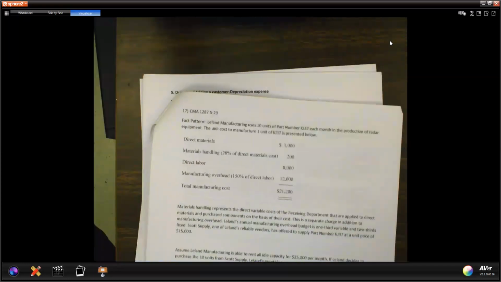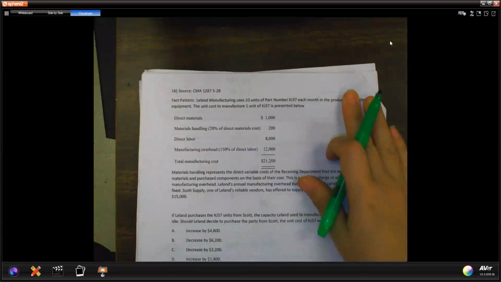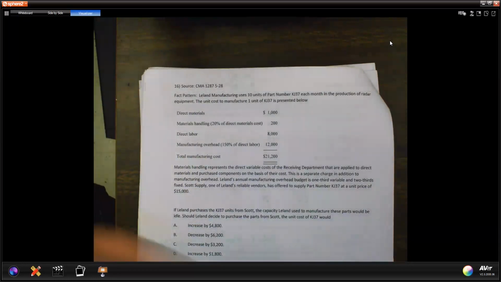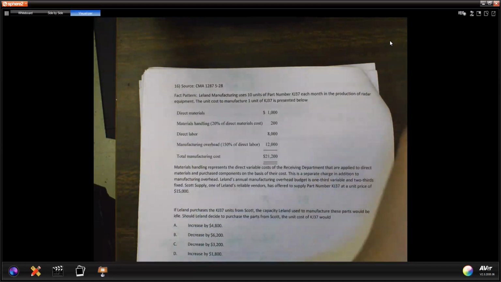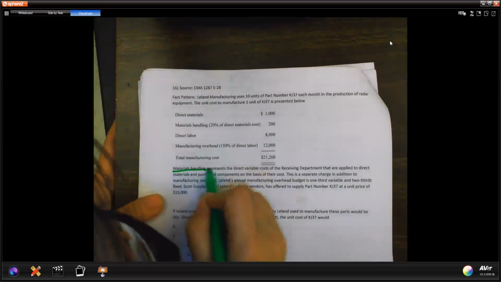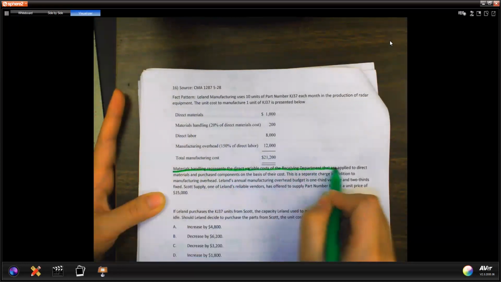Next one, question 16 and question 17. Those two questions are harder, so let me do them with you. It said you use 10 units and the unit costs are listed below. Look at the question very carefully. Material handling represents the direct variable cost of receiving that is applied to direct material.